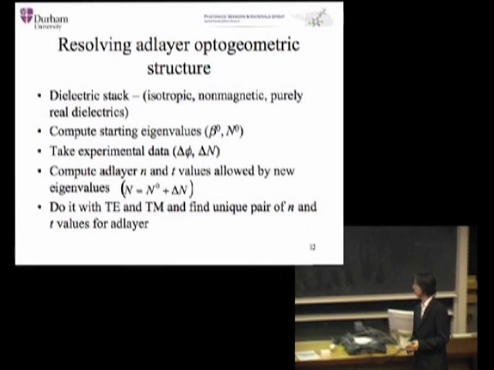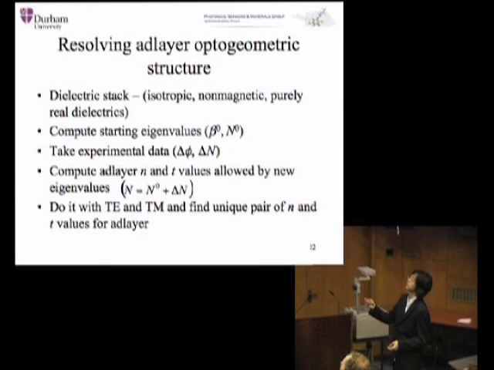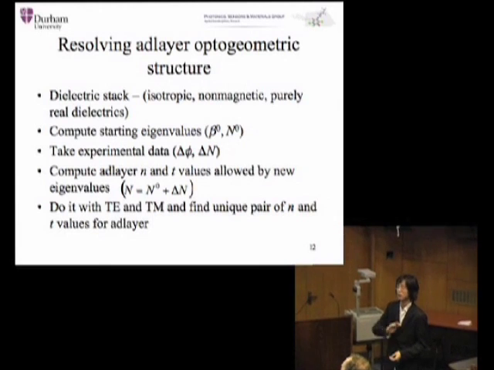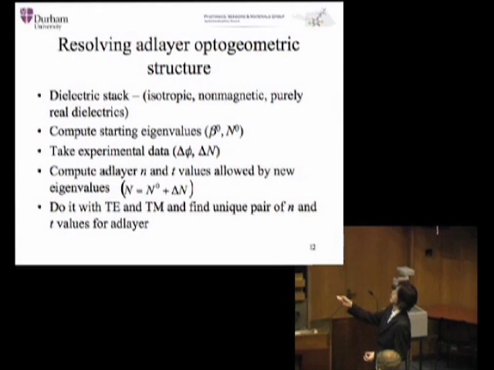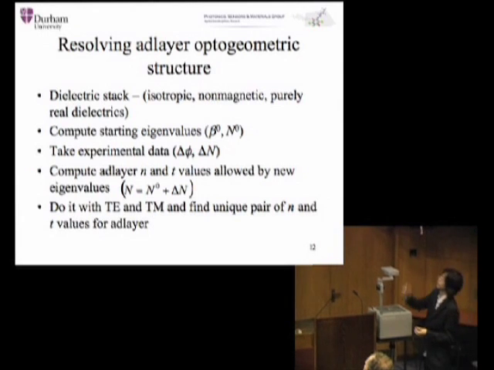So to resolve the opto-geometric structures, we're going to assume there's a pure dielectric stack for the waveguide materials, and we can compute the starting eigenvalues for the starting propagation constant and the starting effective index.